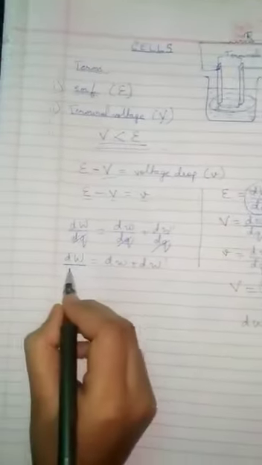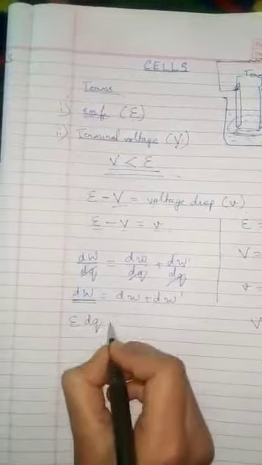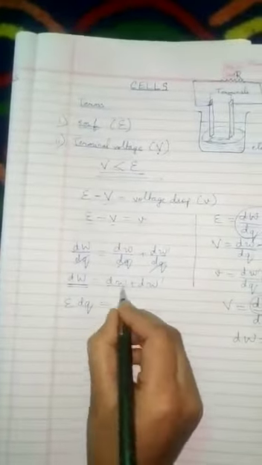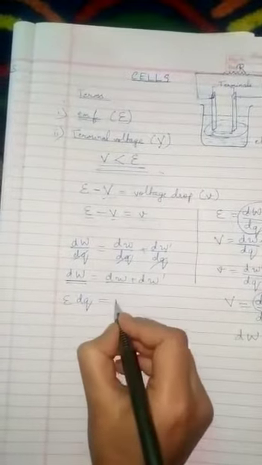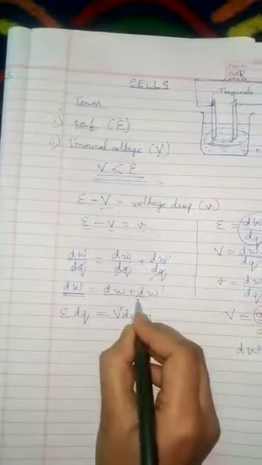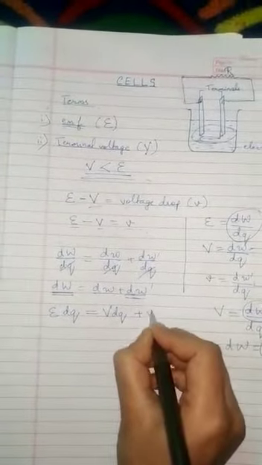So in this case, this is related to the EMF, so we can write it as epsilon dq will be equal to d small w. This relates to the terminal voltage, so it is V dq plus, and this relates to the potential drop, so this will be equal to small v dq.